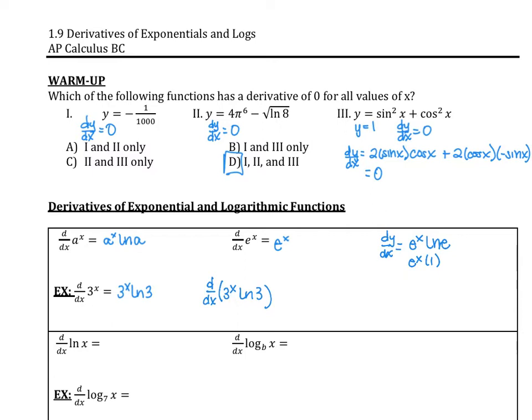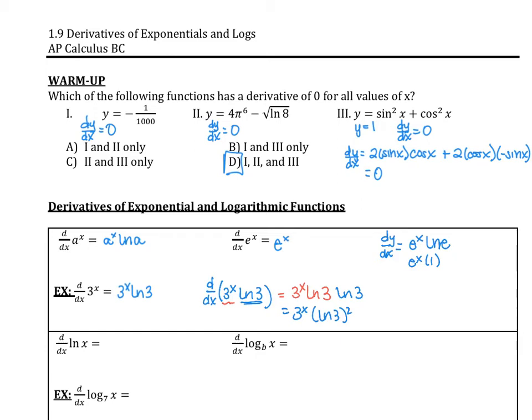Well, from the 3 to the x part, we would get 3 to the x natural log of 3, but then I'm multiplying by this constant, the natural log of 3. So we would get 3 to the x times natural log of 3 squared. What about to the third power?